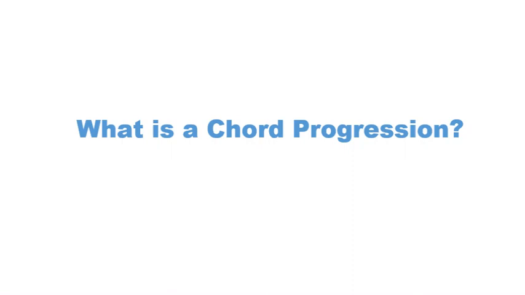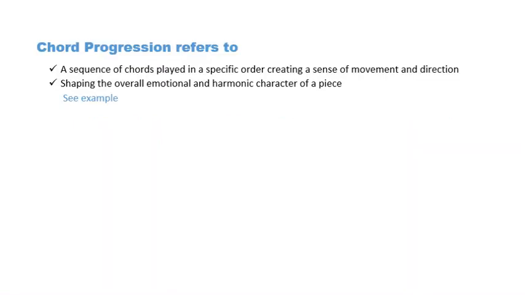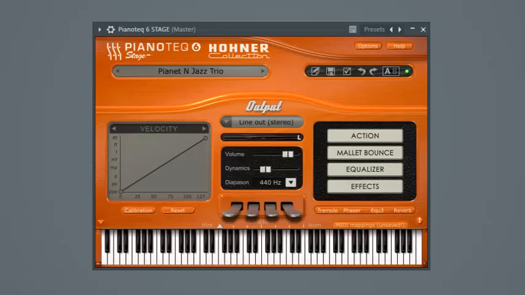Another concept to look at is what is a chord progression. A chord progression refers to a sequence of chords played in a specific order, creating a sense of movement and direction, shaping the overall emotional and harmonic character of a piece.